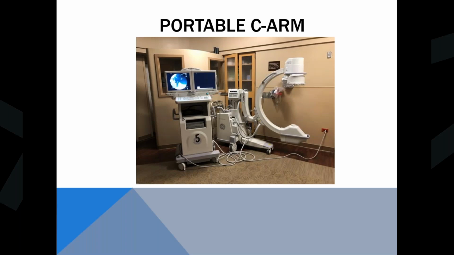On the fluoro systems, a lot of them have 2 collimators. You'll have a collimator for your field of view so you can focus on what you're looking at, and then you'll also have a spiral collimator that will control your dose.